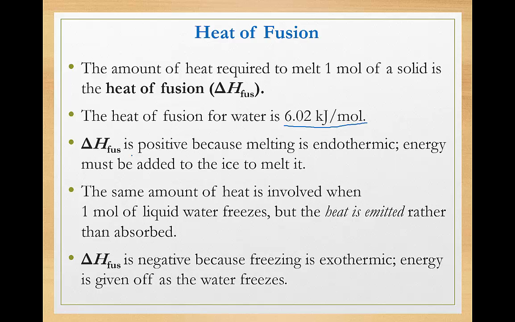Heat of fusion, going from solid to liquid, is positive, endothermic. If we are going to go from liquid to solid and freeze it, heat's going to be emitted. So in that case, the heat of fusion becomes negative. So if it's a positive number, then you're melting something. If it is a negative number, you're freezing it.